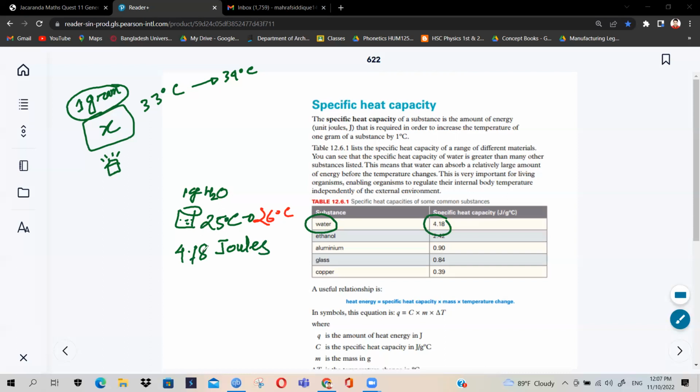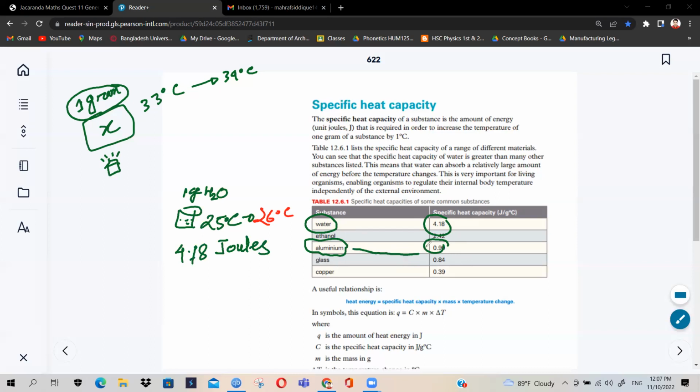Okay, all right. Say for instance, aluminium's specific heat capacity is 0.90 joule per gram degree Celsius. What does this mean?